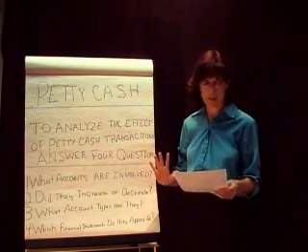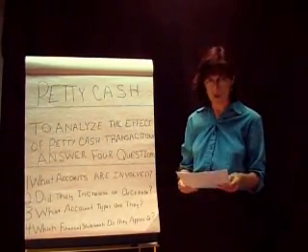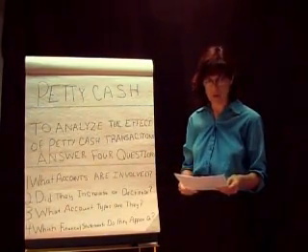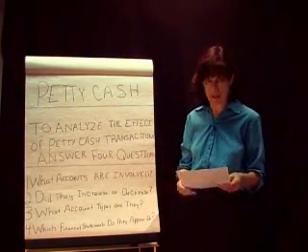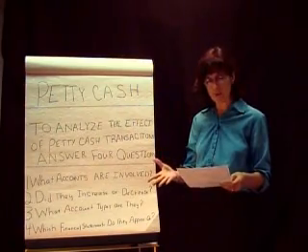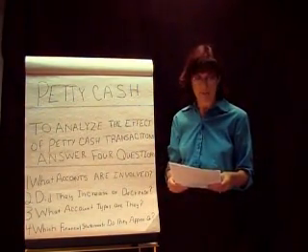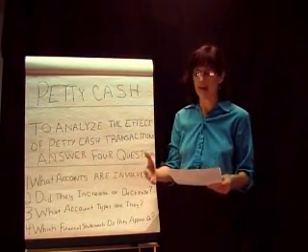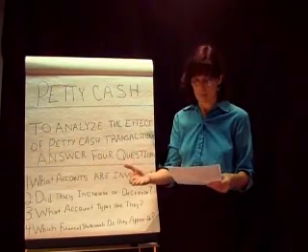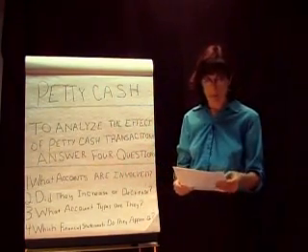Okay, so let's look at the first thing. The number one thing here is, it says, we established a petty cash fund of $1,000. Petty cash actually becomes an account on our books. So when we establish a petty cash fund for $1,000, all we're really doing is transferring from the bank to the petty cash box.